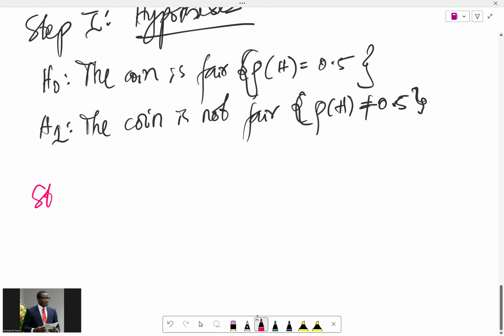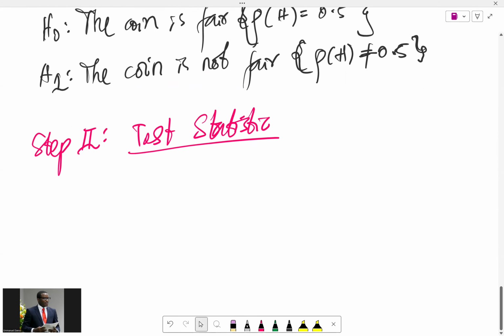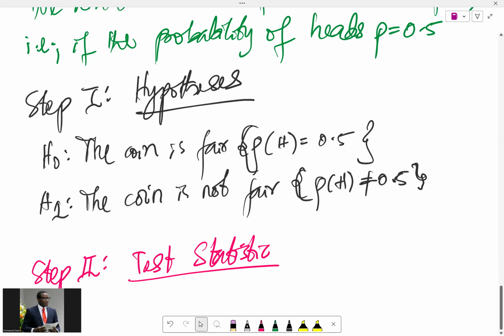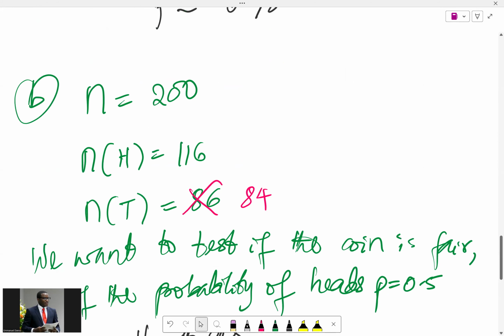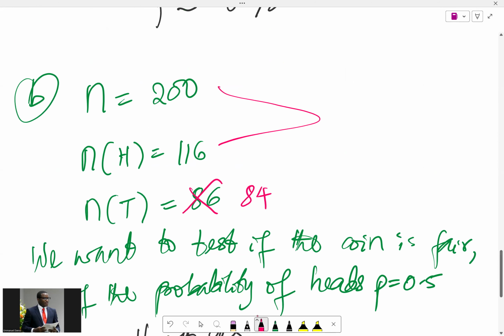Step two, test statistic. Now for the test statistic, from what we have already, we can compute proportions here. We can talk about the proportion of heads.